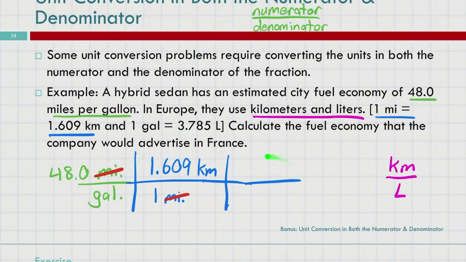The 1 or the 3? How do we cancel out gallons? We're going to put gallons on top. So 1 gallon on top, 3.785 liters down below, and gallons cancel.